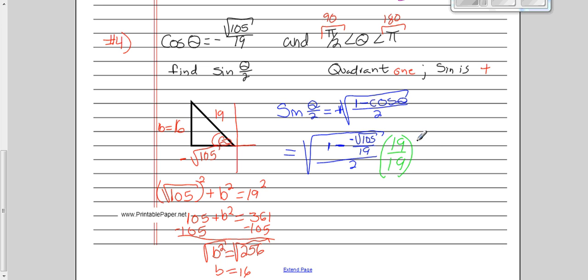It works out much easier for me if I don't have that. This may be an extra step for some of you, but like I said, I kind of like it. So when I multiply, this turns into 19 plus, negative times negative, so we're going to take that down, square root of 105, over 19. Oh, nope. Over 28. Sorry about that. Over 38. I misspoke.